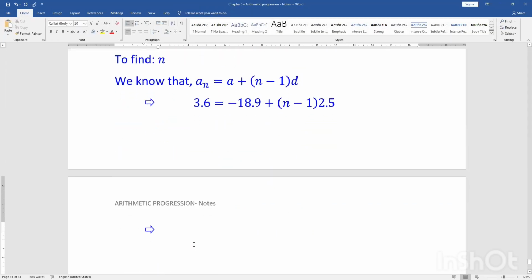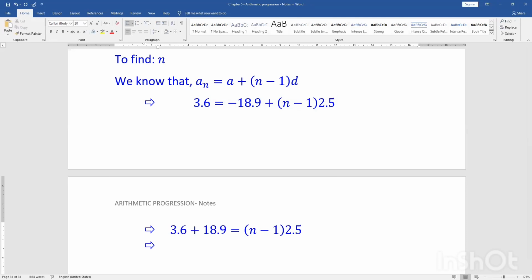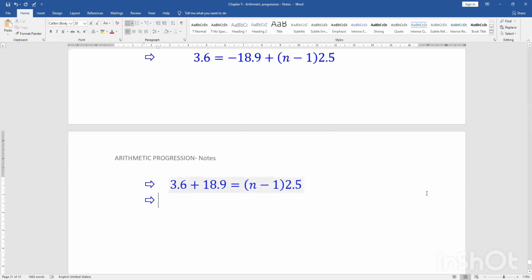Next, you're going to transpose -18.9 to the LHS. So let us write that. 3.6 plus 18.9 equals N minus 1 into 2.5. Now, 18.9 plus 3.6 should give you 22.5.